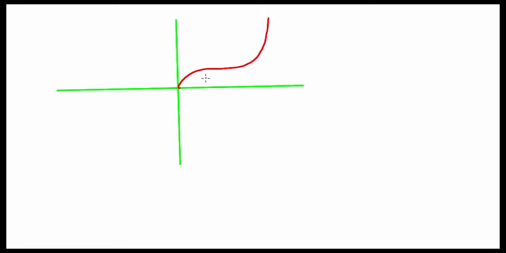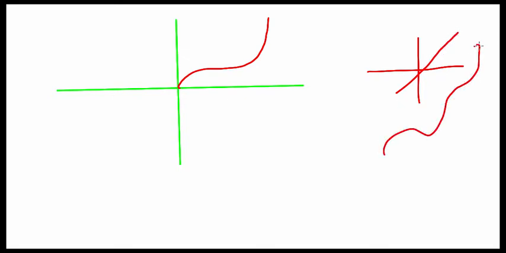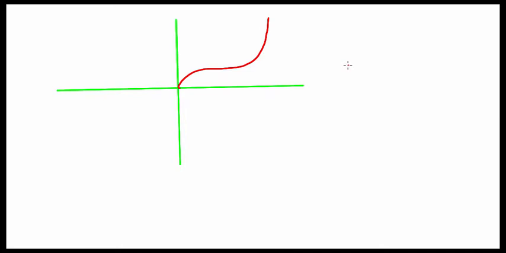How can you calculate the slope of this curve? We cannot calculate the slope of this using algebra, because the function is not constant like a line. It's actually going like this. The change in y over change in x is not the same along this curve. So we need to use the derivative.